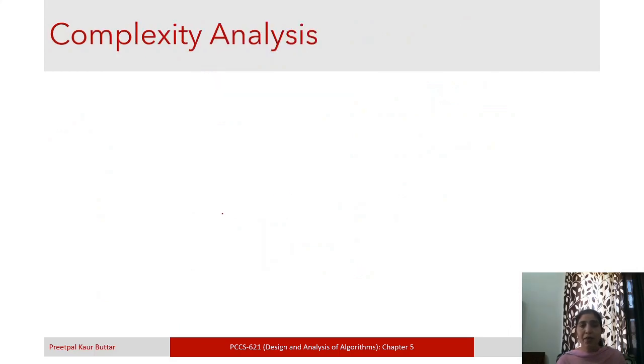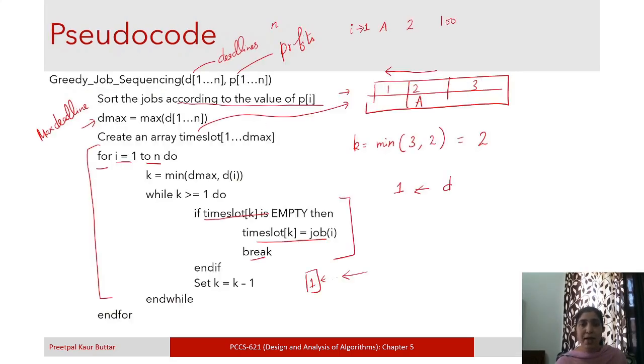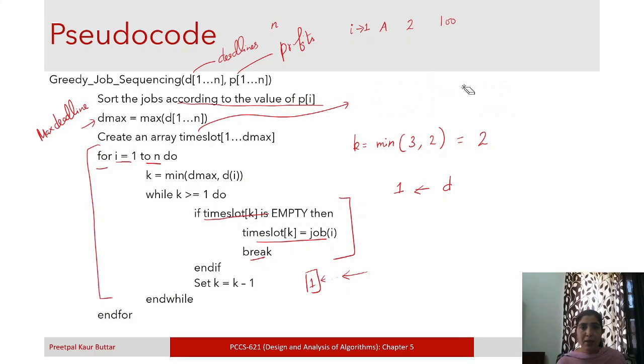Now we will analyze the complexity. The time complexity of this algorithm is order of n square. So let us go backwards and see why it is order of n square. Here first we have to sort the jobs.